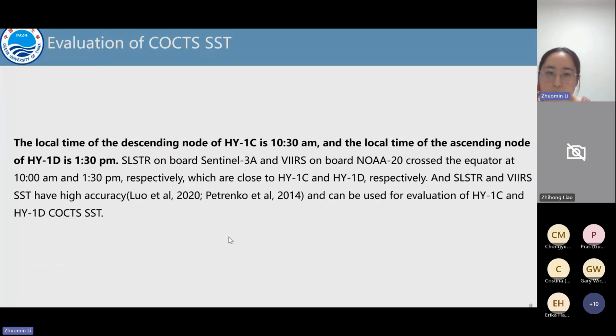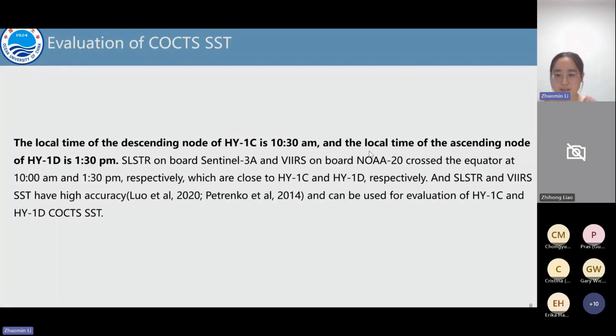And then we do something about the evaluation of COCTS SST. The local time of the descending node of HY-1C is 10:13 a.m. and the local time of the ascending node of HY-1D is 1:13 p.m. The SLSTR on board Sentinel-3A and VIIRS on board NOAA-20 crossed the equator at 10 a.m. and 1:13 p.m. respectively, which are close to HY-1C and HY-1D respectively.